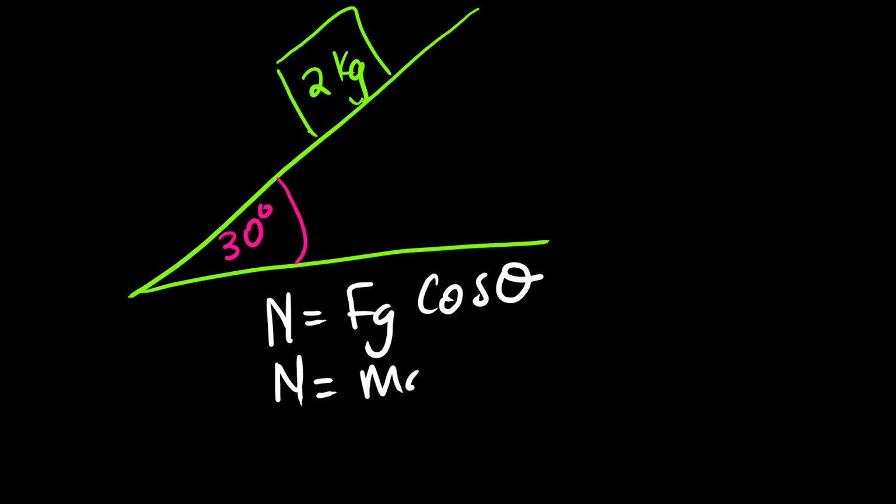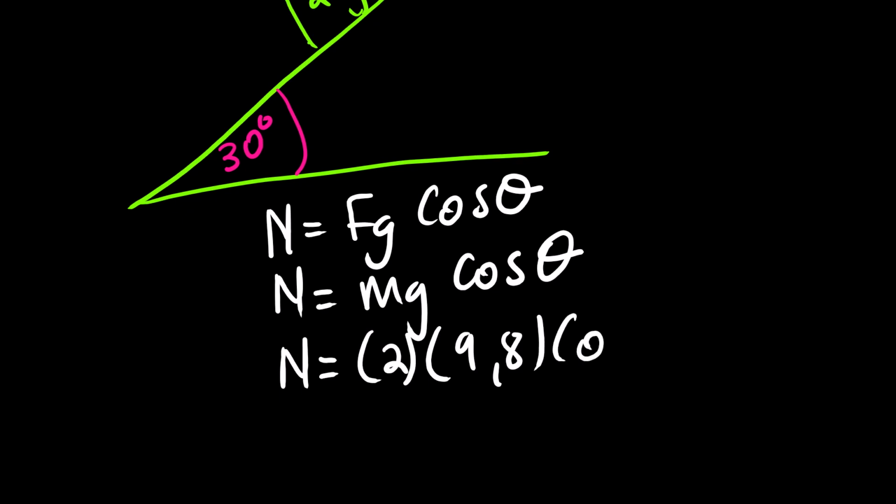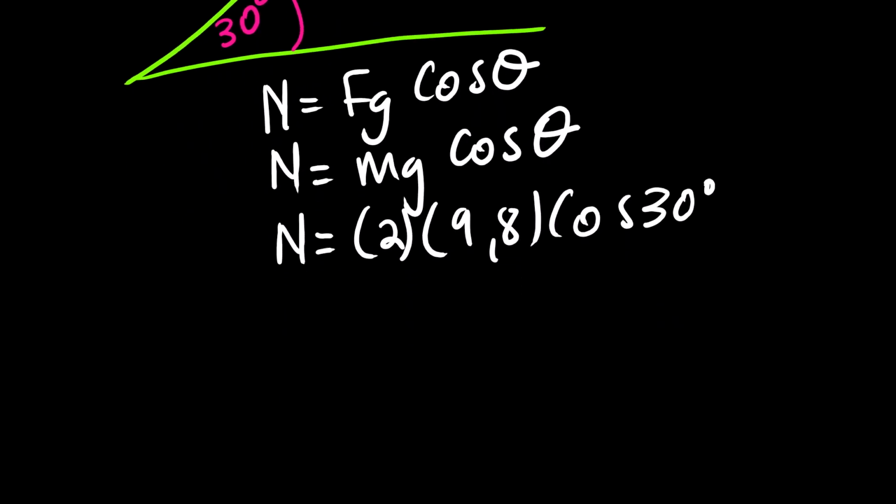N is equal to mg cos theta. And then we have N is equal to, the mass is 2, 9,8 cos 30 degrees. Punching this on your calculator, the answer should give you 16,97 newtons.